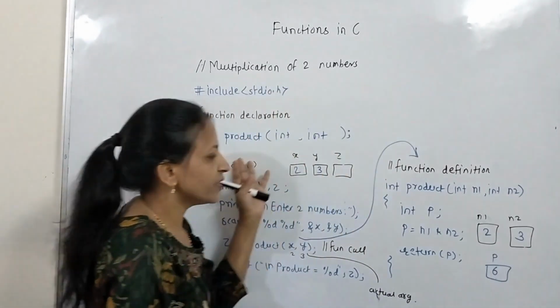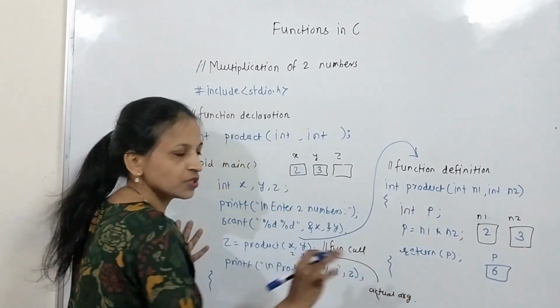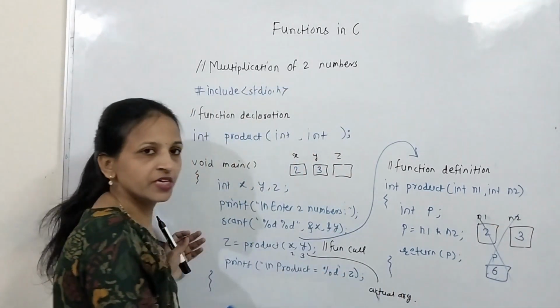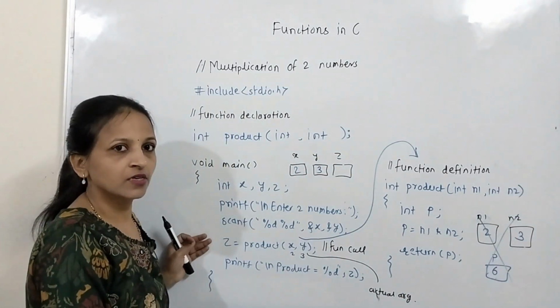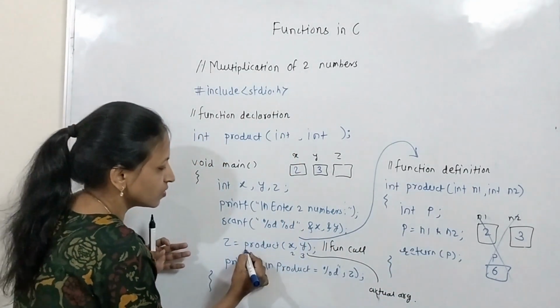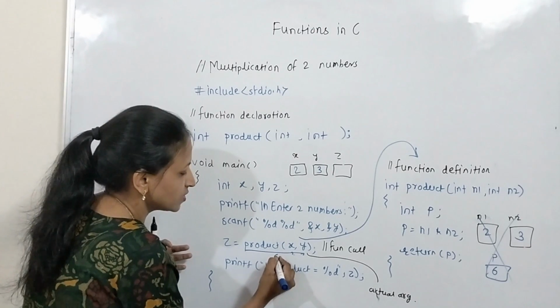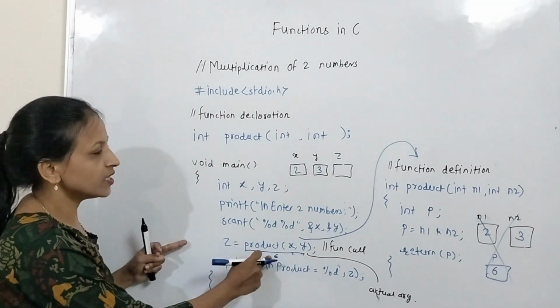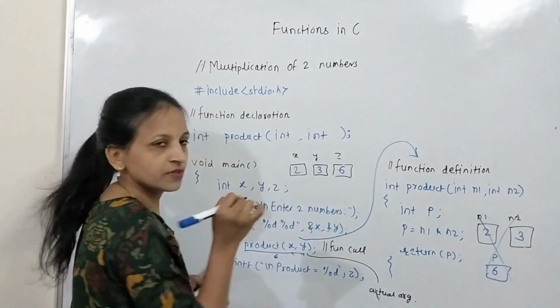That 6 value will be returned. Now this function execution has finished, and that's why this memory will get freed, deallocated. Now p, meaning the 6 value, will get replaced here at this point, and because of this assignment operator, that 6 will get stored in z.